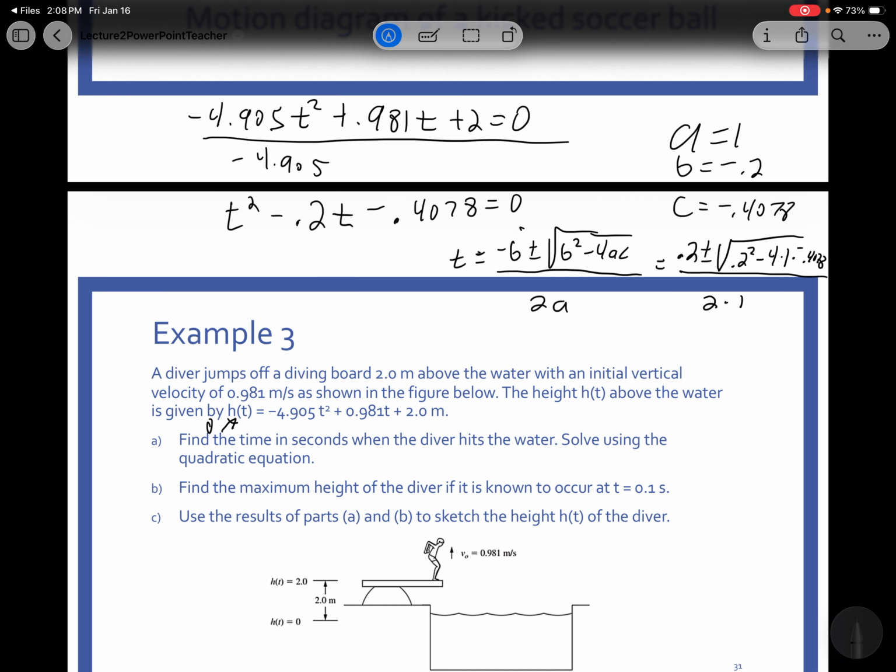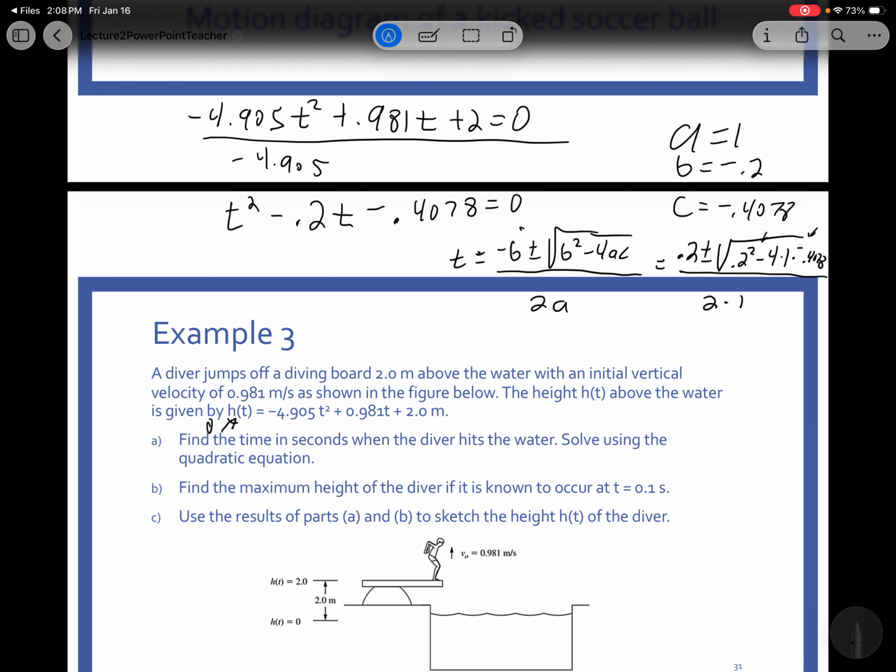So again, just be careful here. We have a negative and then also another negative. So when you're entering the values in your calculator, just be careful, or you can just know ahead of time a negative times negative will be a positive, so you'll be adding that to the 0.2 squared.